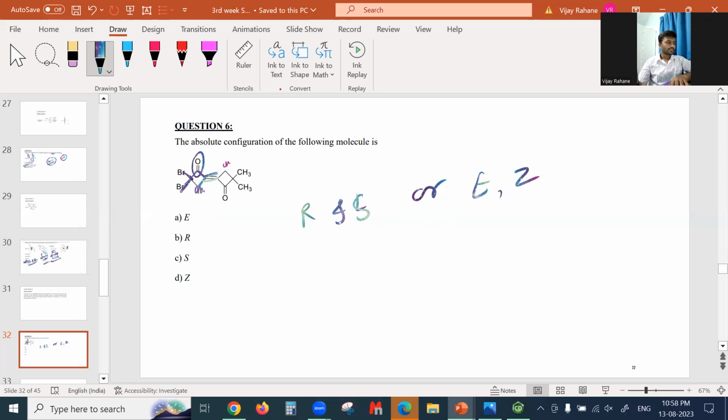So we can see these carbonyl groups are opposite to each other. That is cis and trans, we know, right? E and Z. Z means the same priority groups should be on the same side, and E is when the same priority groups are on opposite sides.